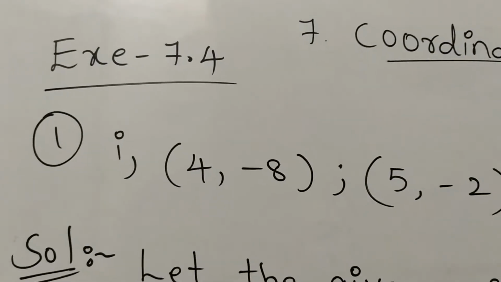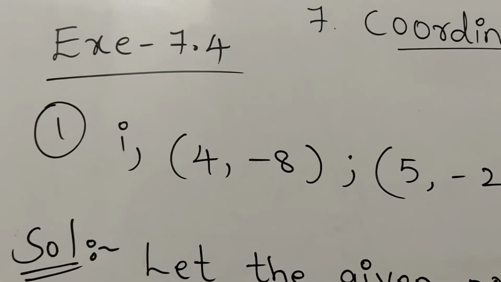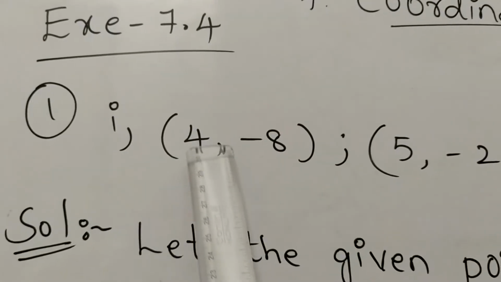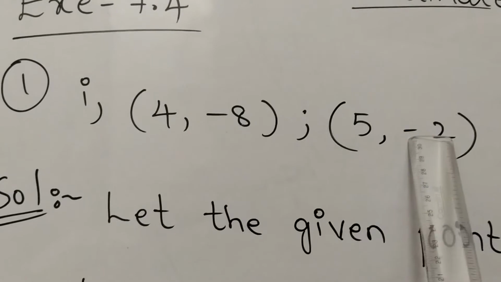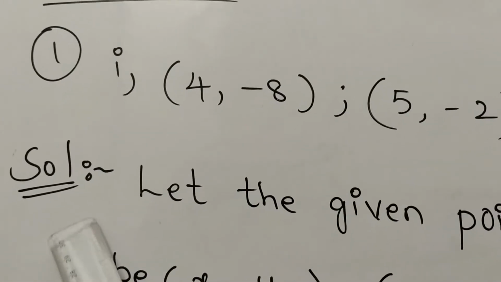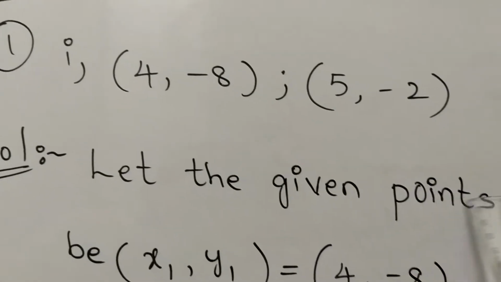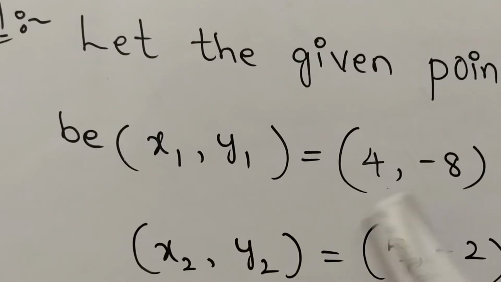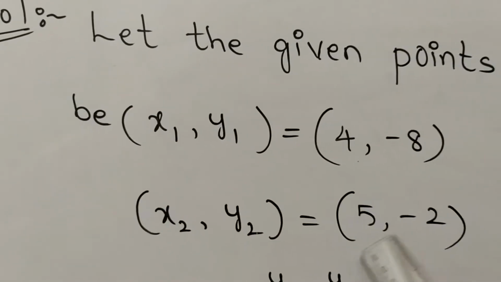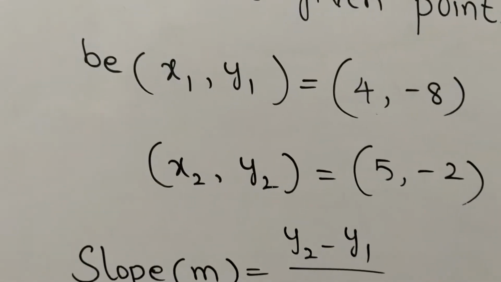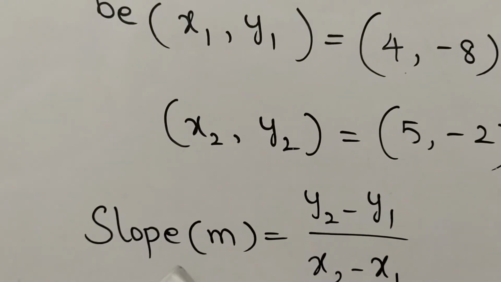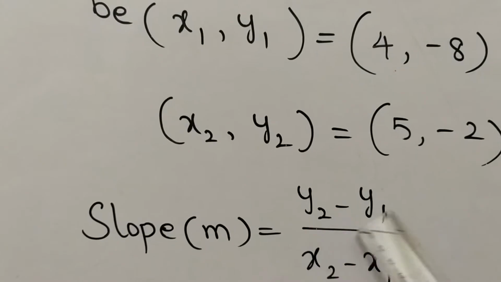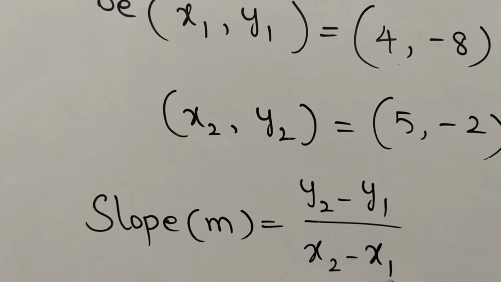This is the solution of exercise 7.4, students. First one, 4 comma minus 8 and 5 comma minus 2. First in the solution you have to write: let the given points be x1 y1 equals 4 comma minus 8 and x2 y2 equals 5 comma minus 2. Now take the slope formula, small m equals y2 minus y1 by x2 minus x1.